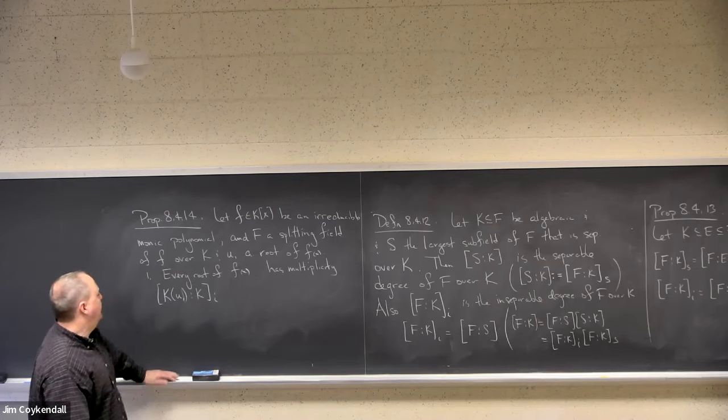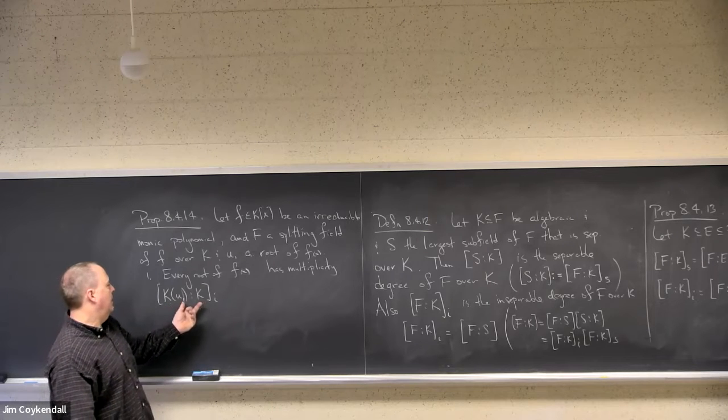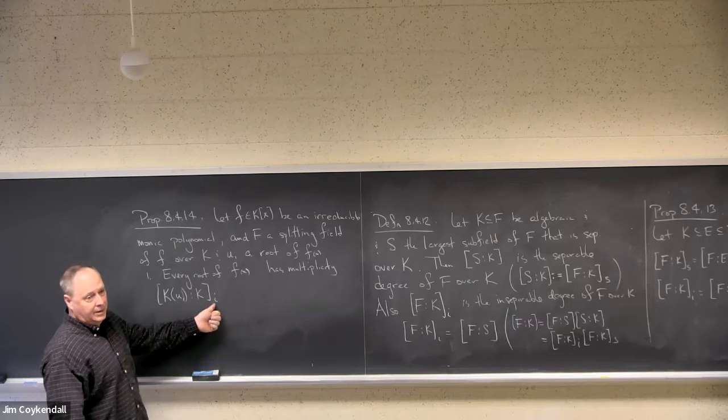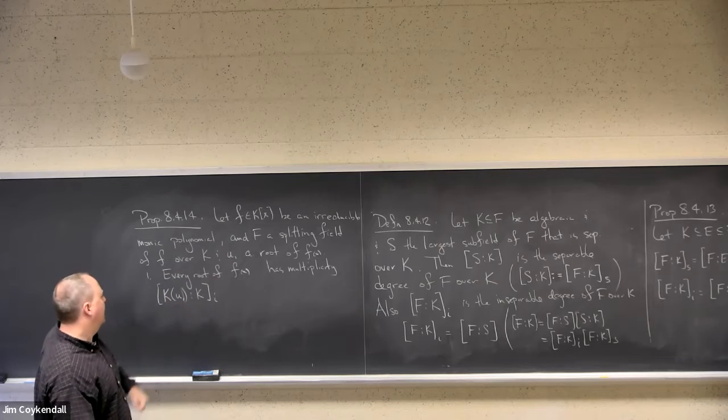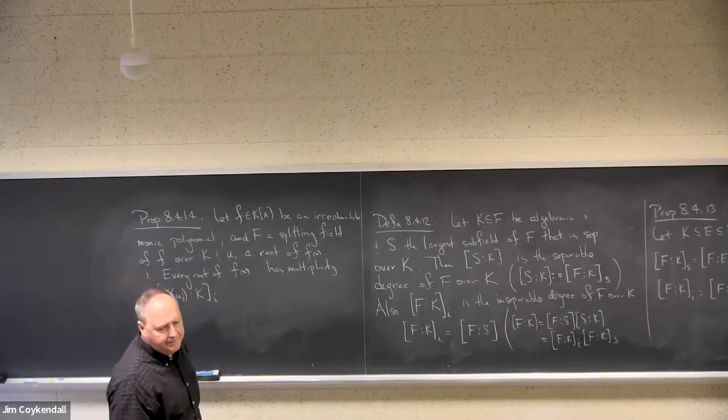So what you do is you take K(u1) over K, write this extension, and it's not this degree, it's the inseparability degree. So if the polynomial is separable, then this would be 1.